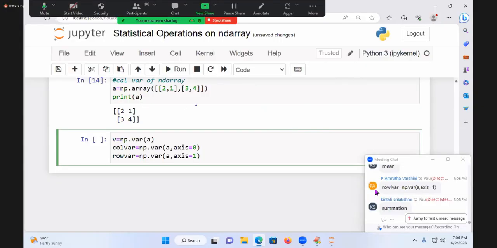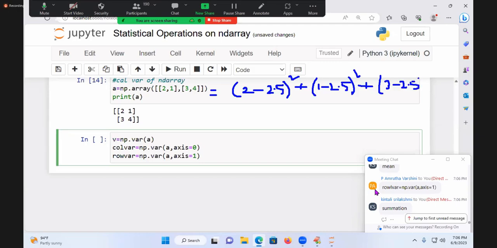What is the first element? 2 minus the mean, what did I get? 2.5. 2 minus 2.5 whole square plus 1 minus 2.5 whole square plus 3 minus 2.5 whole square plus 4 minus 2.5 whole square by 4.